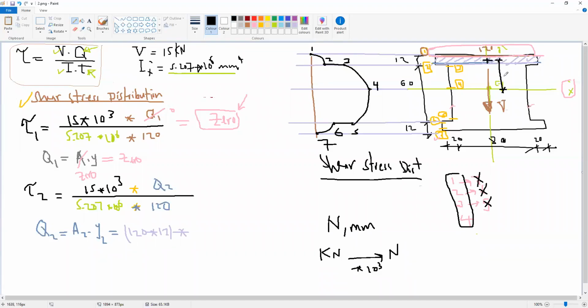This is Y2. How can we find Y2? We just calculate Y2 in the previous step, because we know that this is 42 and the distance from the centroid to the top surface is 6. So Y2 will be 36. So finally we can find Q2.